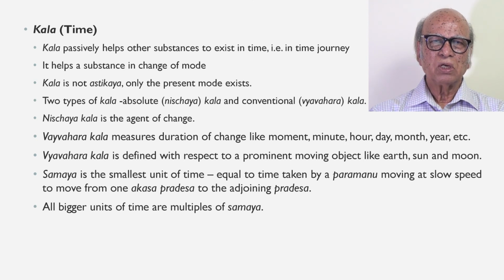For example, the convenient objects which can act as a reference for Vyavahar Kal are sun, moon, earth, and so on. And this is written in Jain texts, that Vyavahar Kal is measured with respect to these moving objects.